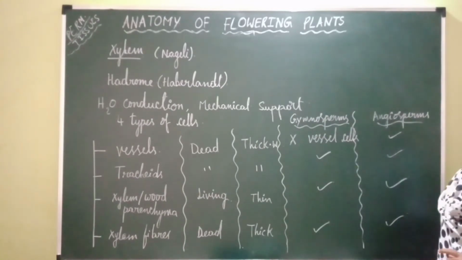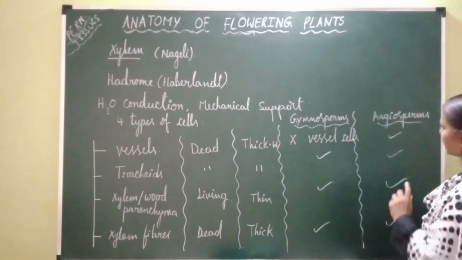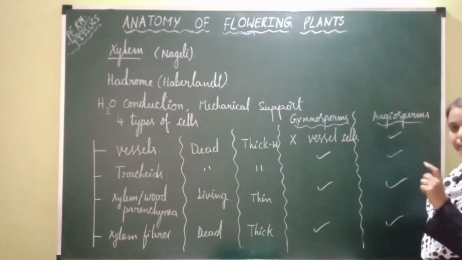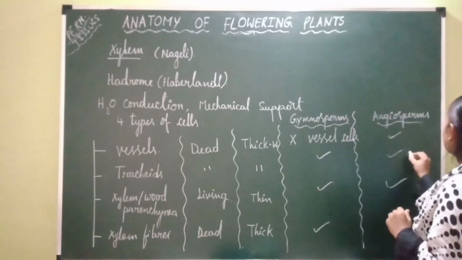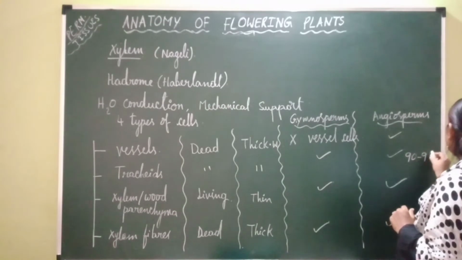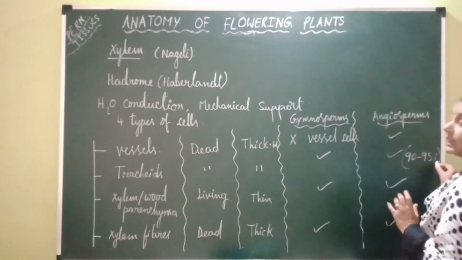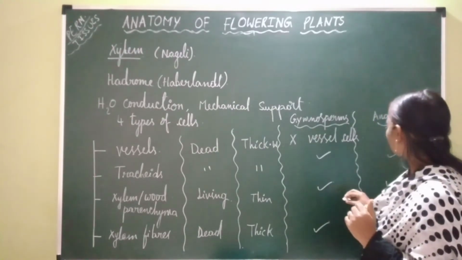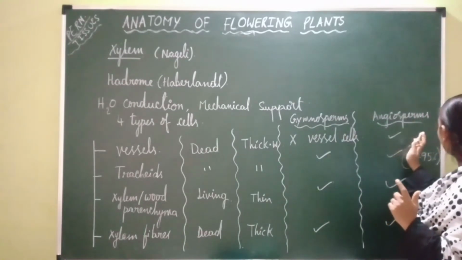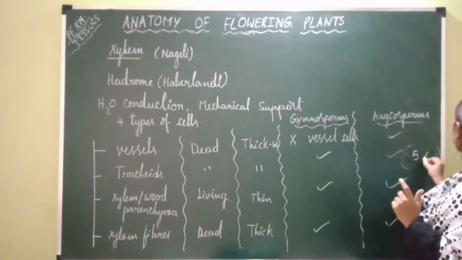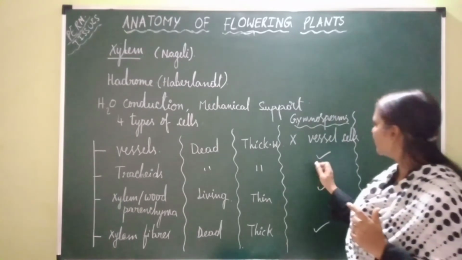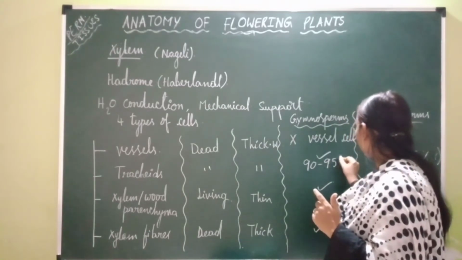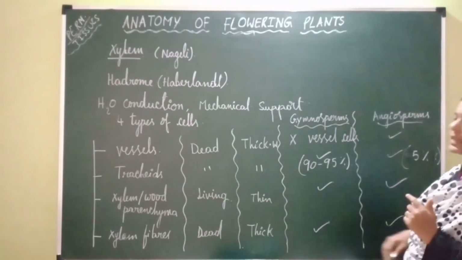In case of gymnosperms, 90 to 95% of the wood is constituted by tracheids, whereas in case of angiosperms, only 5% of the wood is constituted by tracheids, because in gymnosperms vessels are absent.